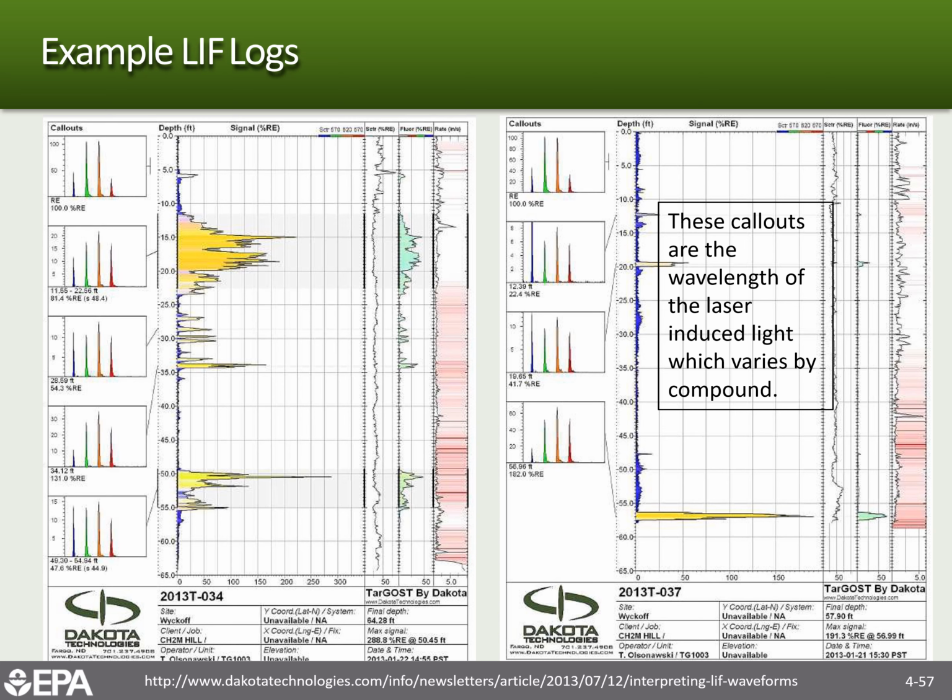So they shine this laser with a very specific wavelength out into the formation. Then it records the wavelength of the reflected light, of the induced fluorescent light that comes back to the sensor.